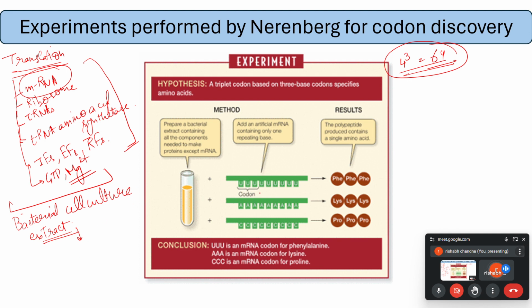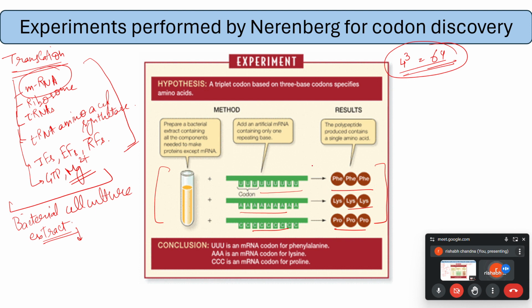For example, a stretch of U will only code for polyphenylalanine. Then we have poly A that codes for polylysine. We have poly C that codes for polyproline. So we have all these three kinds of structures, and what they found was that, instead of the initiating amino acid being methionine, what they got was different proteins.